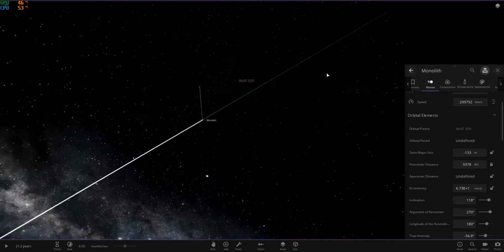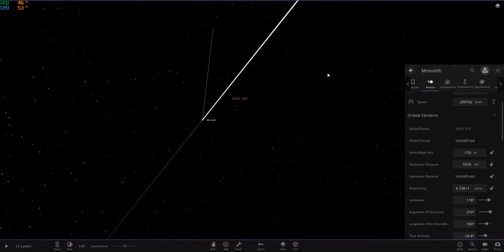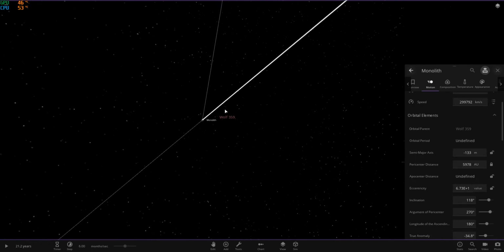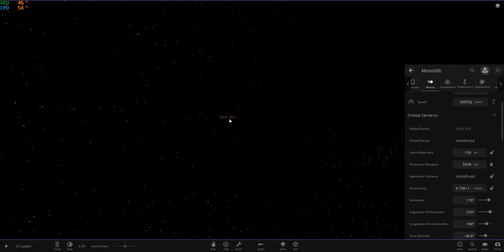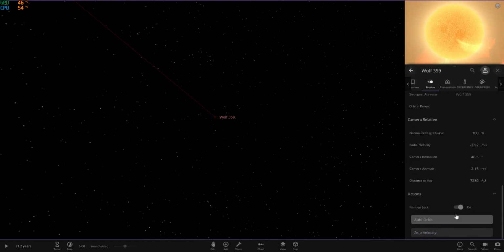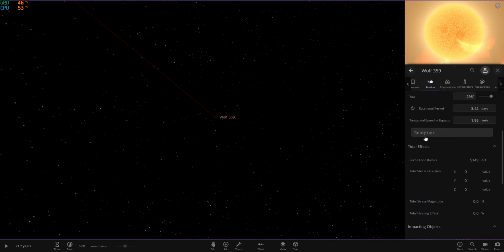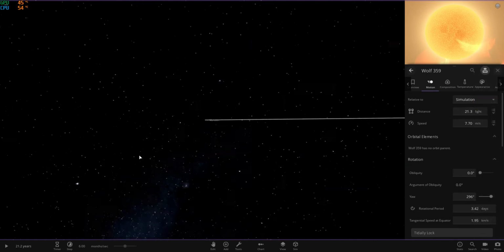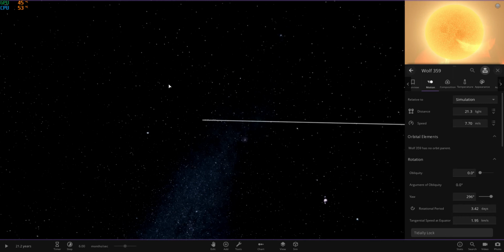Pause. Let's see how close we got. Alright, so at its closest approach, it is. So here's the monolith. And there's the star. How far away is it? Distance 20 light years.